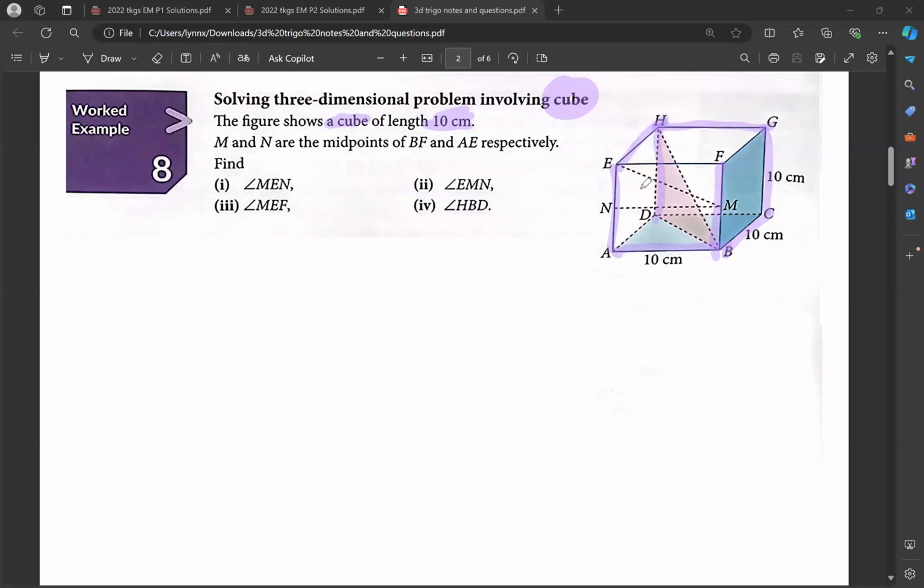HD, yeah. DC, yeah. AD, yeah. EF, yeah. FG, yeah. So can you see all the purple highlighted ones are everything that is 10 cm. So this one you need to know. Understand? So I just erase off because I don't want too many things.